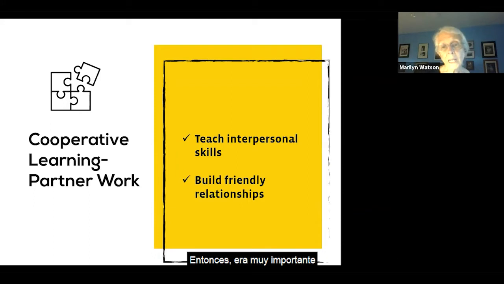So if it's really important for the 2 students to work together in doing a writing assignment, how will they do that? How will they share the materials? How will they share responsibility? If it's reading to one another and talking about some questions, how will they show respect for one another? How will they not laugh at one another?